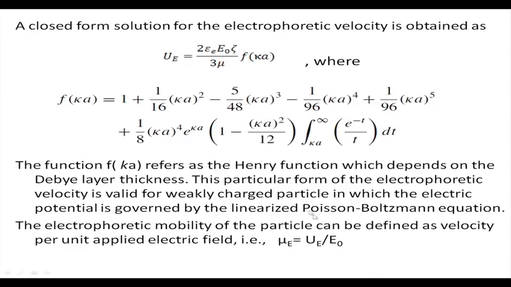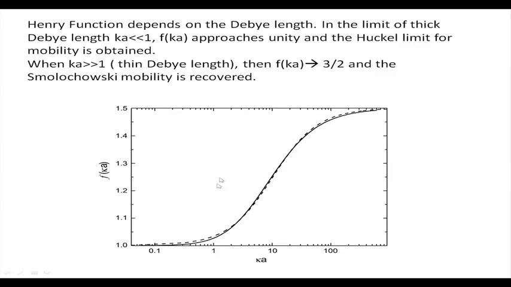Now, if we plot this f kappa a for low to high kappa a values, we will find that if it is low, it becomes 1, that means you get back the Huckel limit, and if kappa a is very large, you get 3 by 2. So, that means you get the Smoluchowski limit. So, basically f kappa a takes this form.